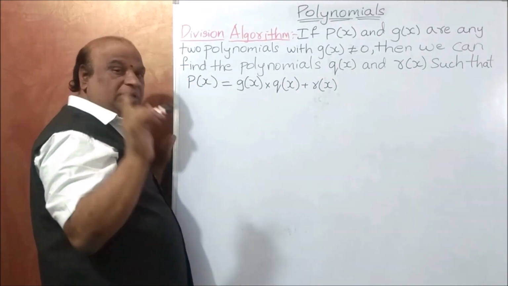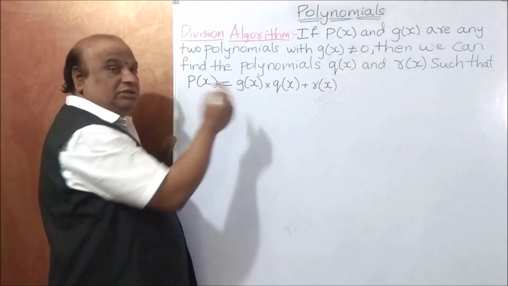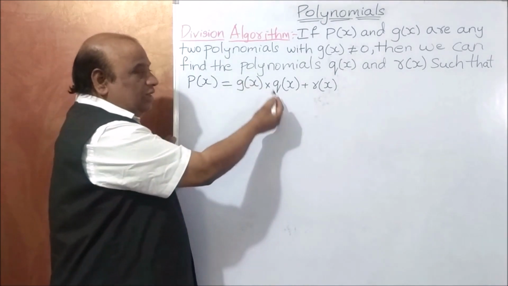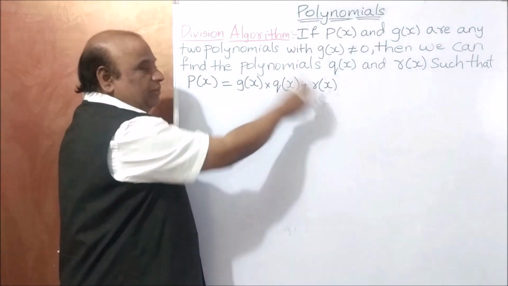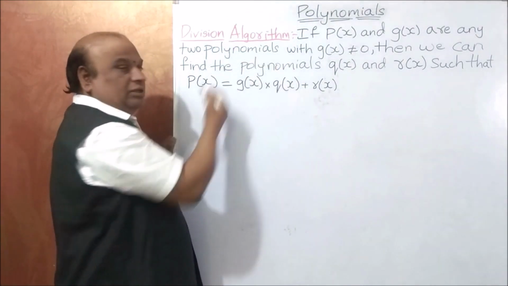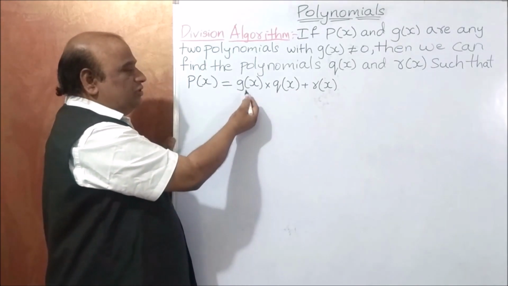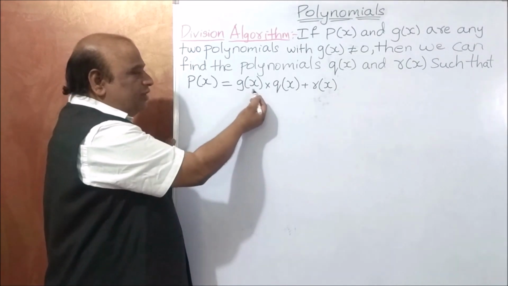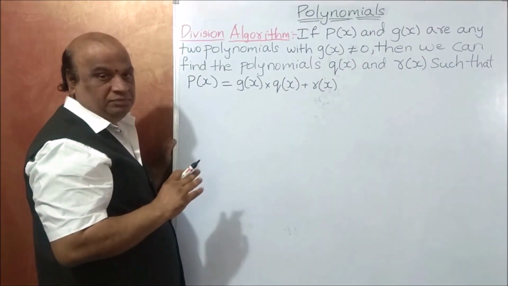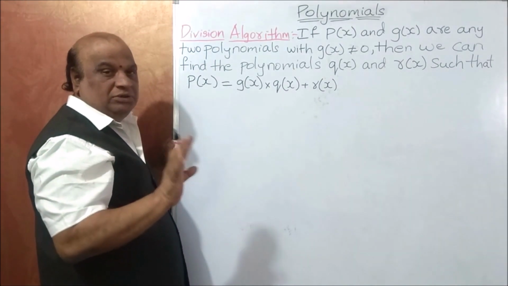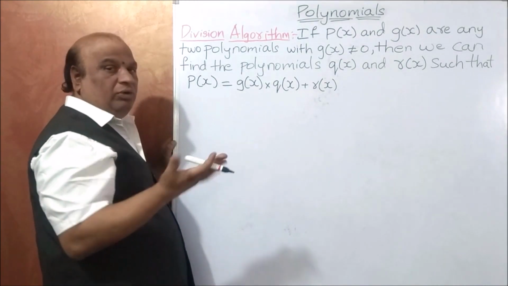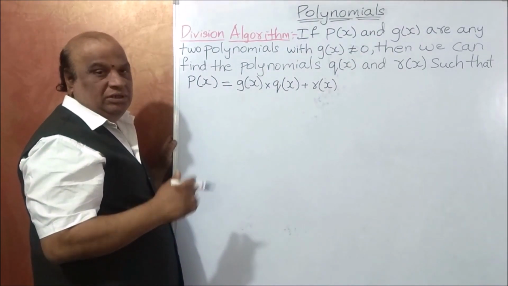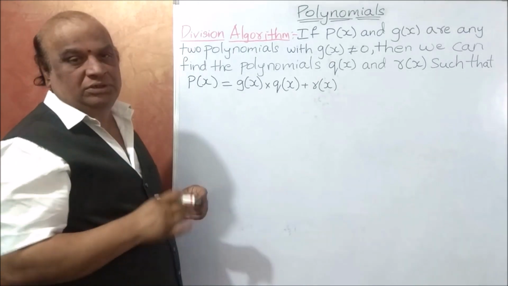P of x is the dividend, G of x is the divisor, Q of x is the quotient, R of x is the remainder. What is the relation among these? P of x is equal to G of x into Q of x plus R of x. So G of x should not be 0. If it is 0, we can't do any division. There is no division with 0.